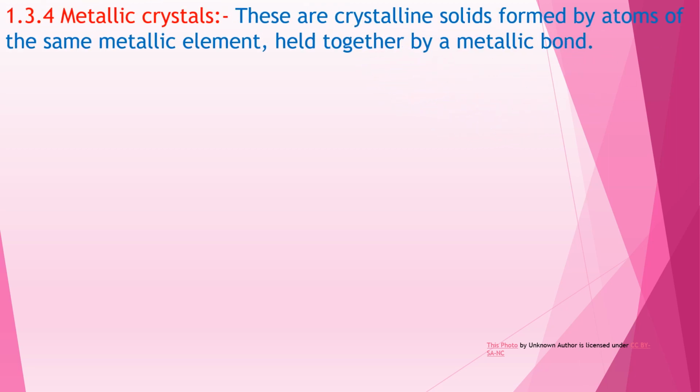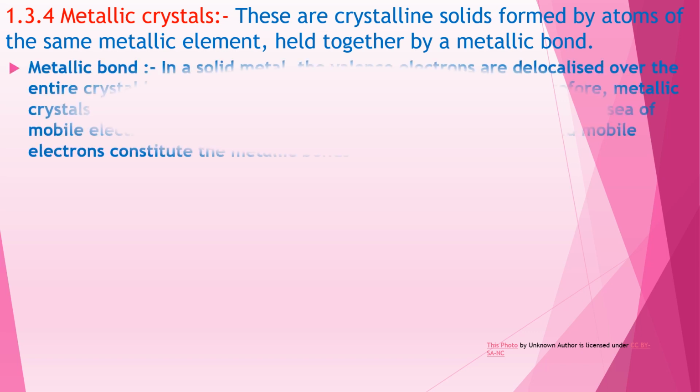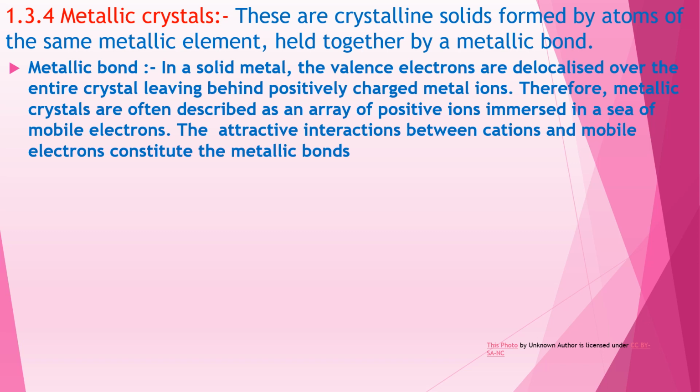Next, that is metallic crystals. These are crystalline solids formed by atoms of the same metallic element held together by a metallic bond. Metallic bond is the concept that in a solid metal, the valence electrons are delocalized over the entire crystal, leaving behind positive metal ions.